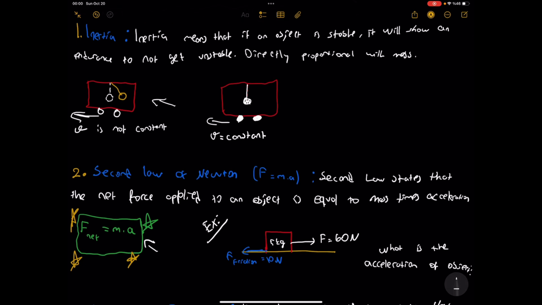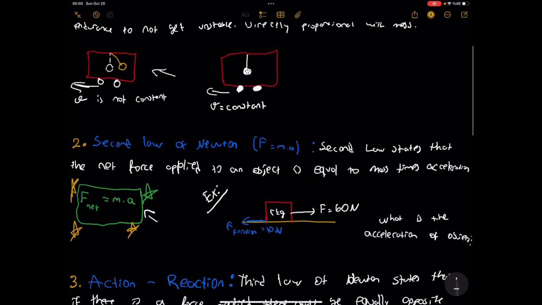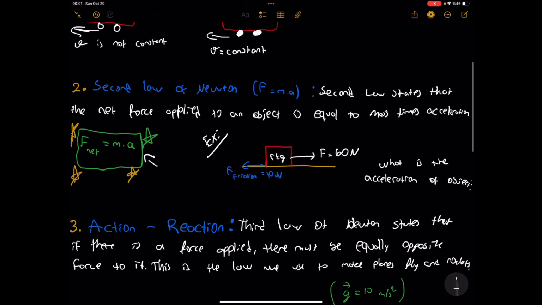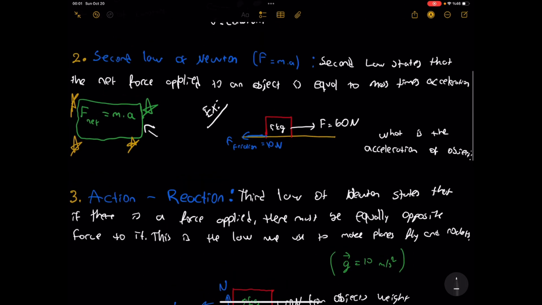As we saw from inertia, I told you that if the car has an acceleration, we're going to feel that force applied, right?